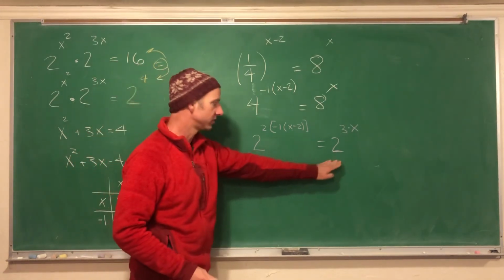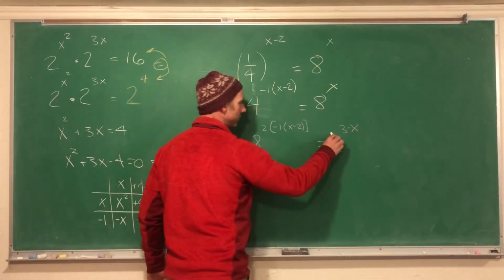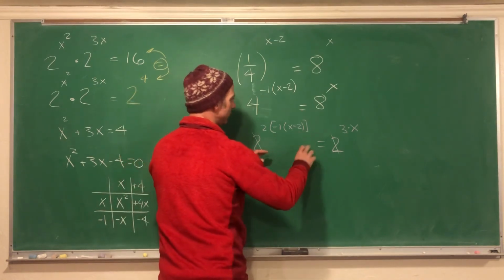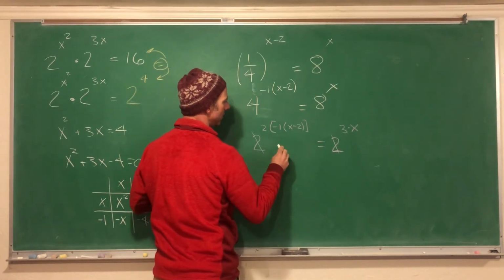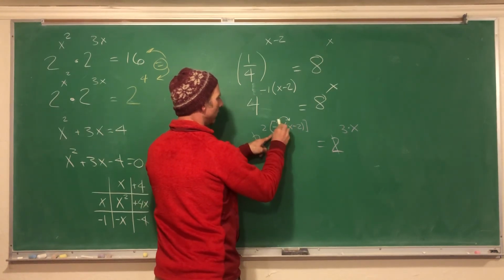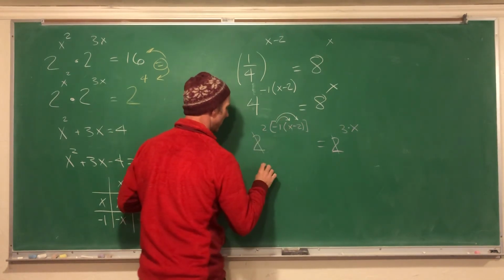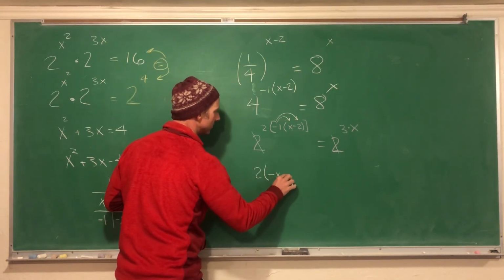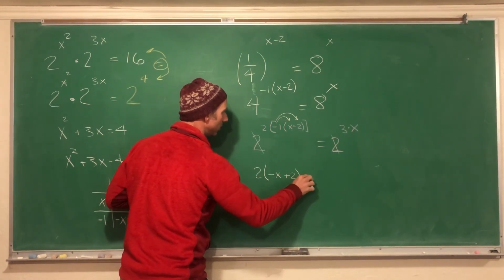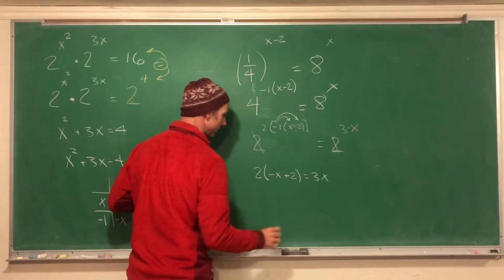So the bases are the same. We can ignore those, and we go ahead and simplify this out. I'm going to simplify the inside here. So we have 2 times -x plus 2 equals 3x.